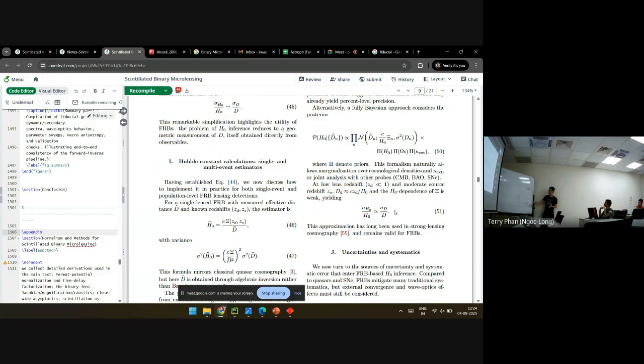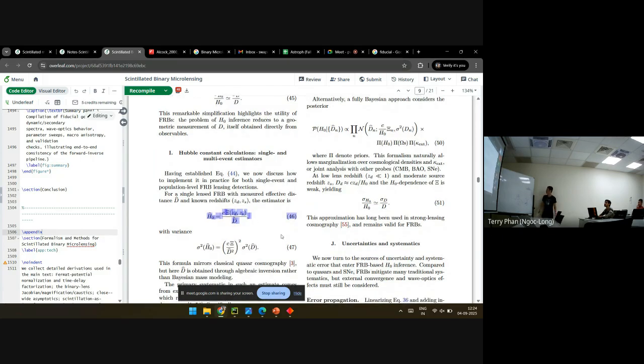It depends on the size of the universe, which is determined by the Hubble parameter. If the whole universe is bigger, this is also bigger; if it is smaller, this time delay is going to be smaller too. So by measuring this delta t, you can measure the Hubble parameter H0, which represents the size of the universe.